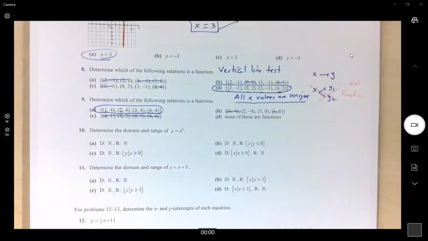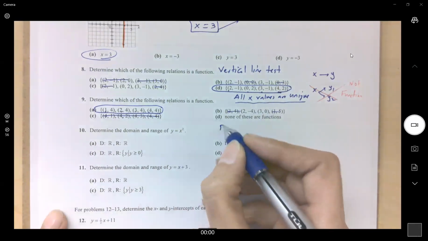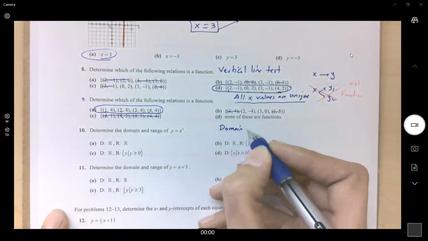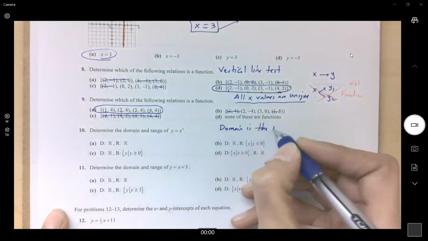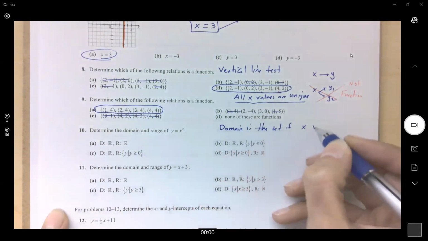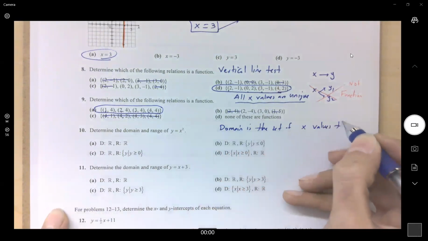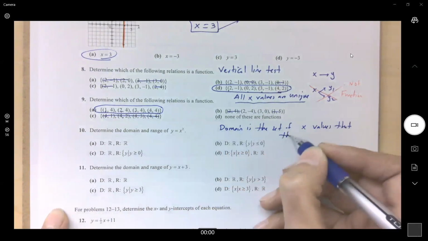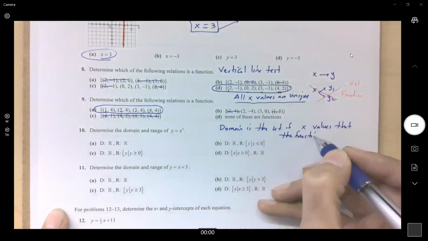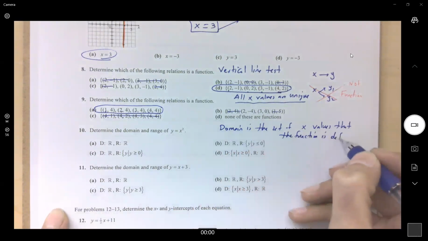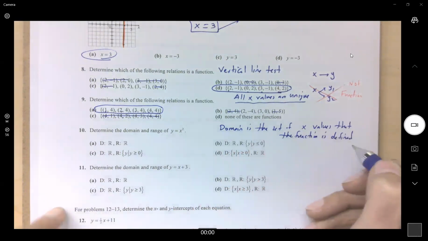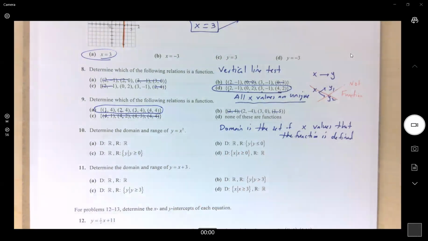Number 10, domain and range of the function. So remember, the domain is the set of x values that the function is defined. It means that if you punch those x values into the function, you don't get an error.